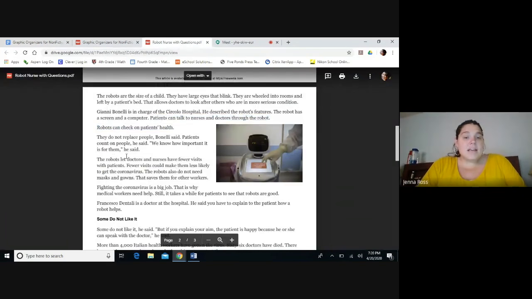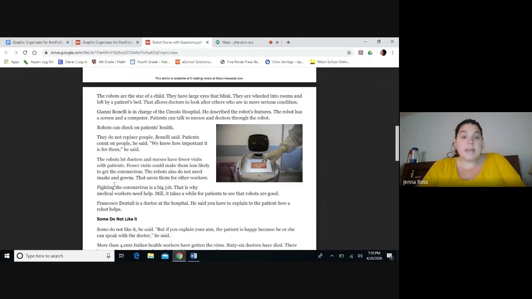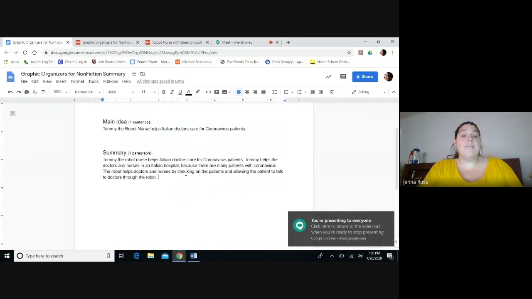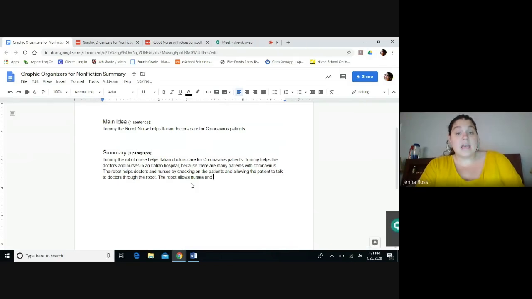Okay. And then something else that I think is important, right here where it says, fewer visits could make them less likely to get the coronavirus, and robots don't need masks and gowns. I think that's really important. So I'm going to put that in my own words and say the robot allows nurses and doctors to limit the amount of time spent with patients.